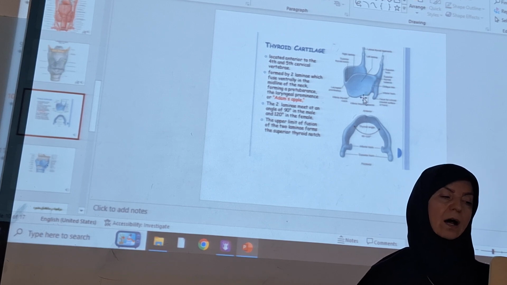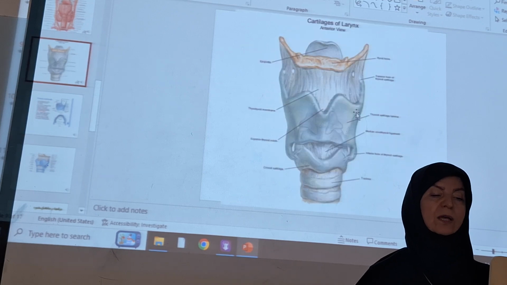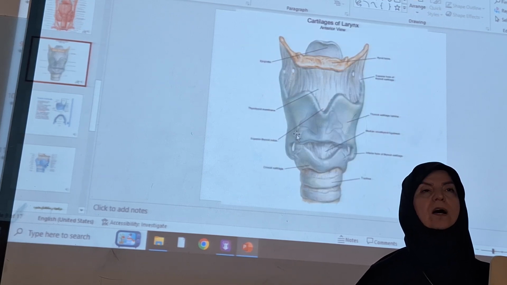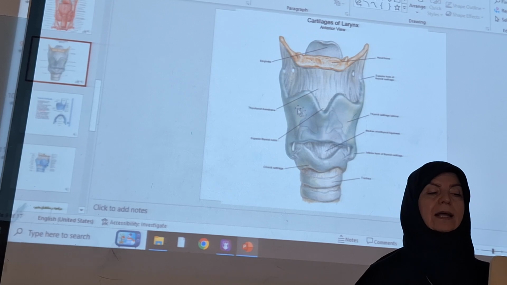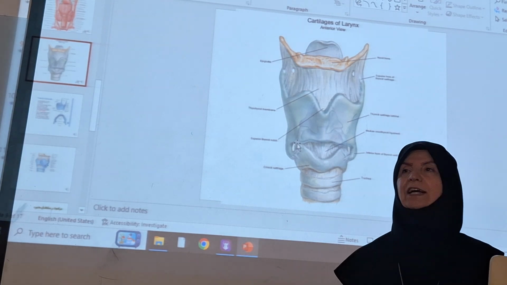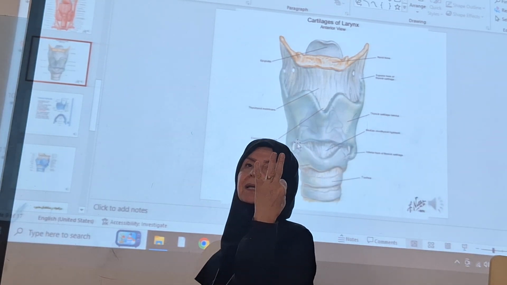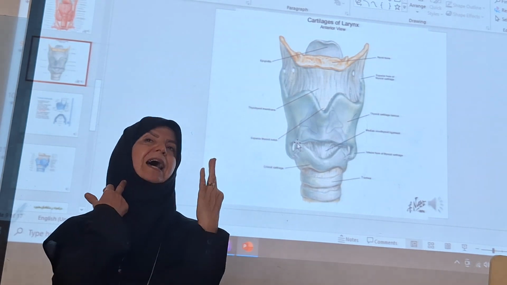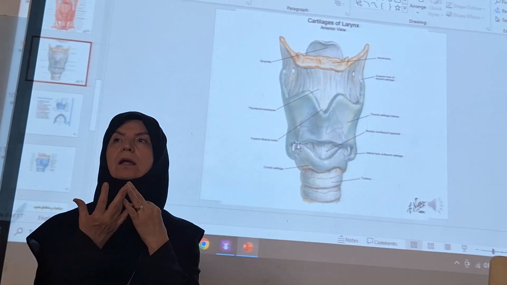This oblique line is visible also here, an oblique line on each side. This oblique line is an area for attachment of three muscles.